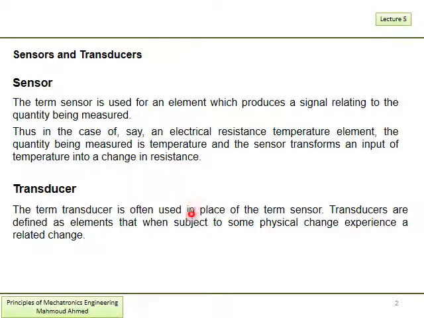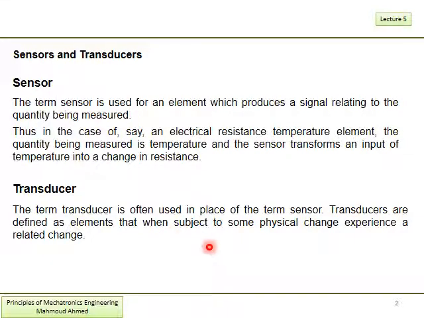So a transducer can be defined as elements that, when subject to some physical change, experience a corresponding related change. So a sensor is simply a transducer, but a transducer has a more global definition compared to a sensor.